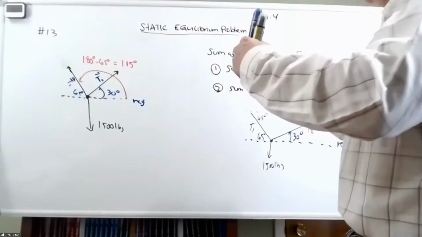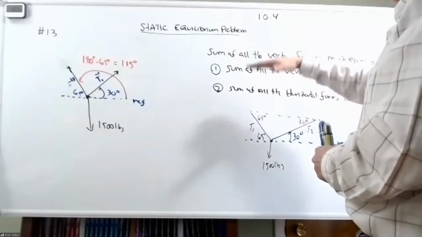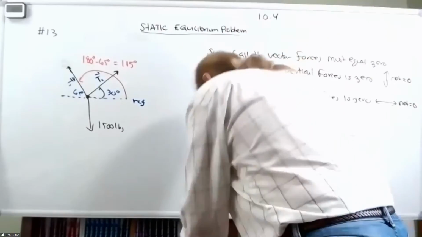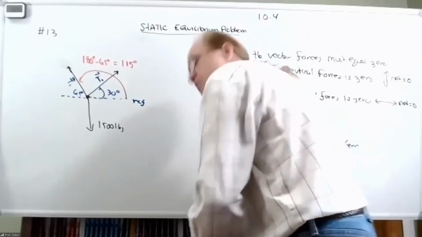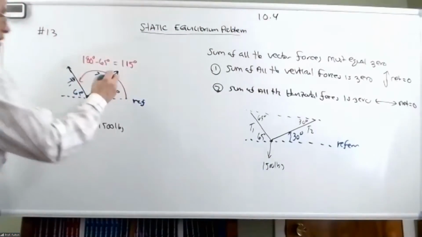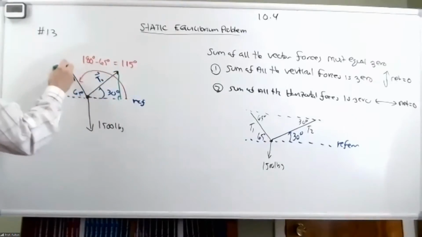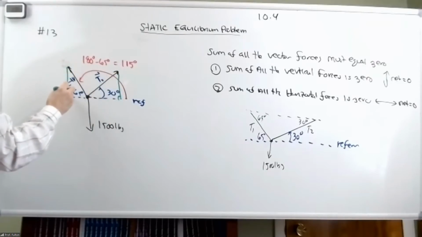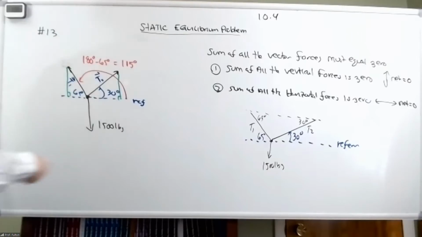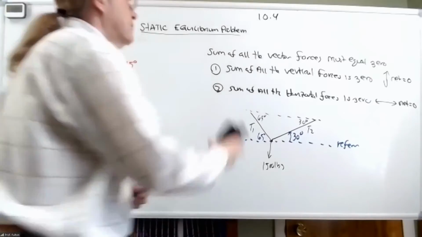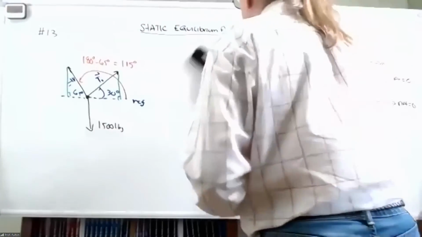Okay, now let's look at the sum of all the vertical forces. What we're going to do is construct some right triangles over here and use our trigonometry. I can drop this down over here and make a right triangle, and over here I can make a right triangle. So let's sum all the vector forces in the vertical.